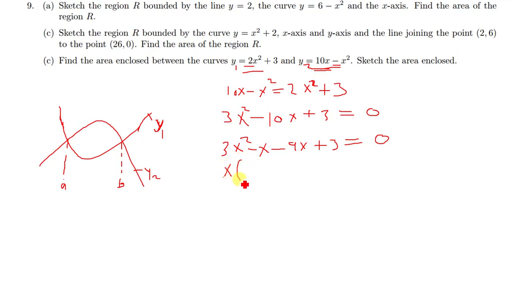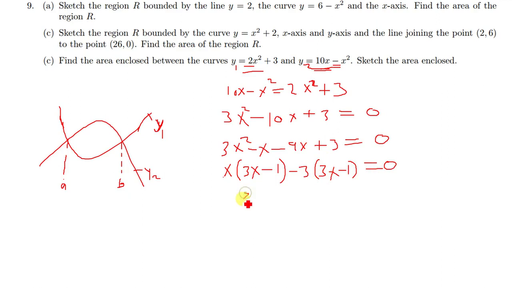So here we're going to say x, we factorize x there, you get 3x minus 1, then minus 3. When you divide this into that, you get 3x minus 1 being equal to 0.